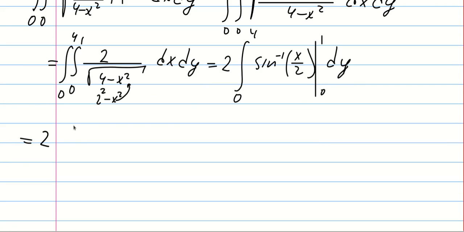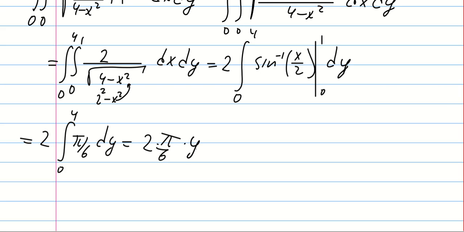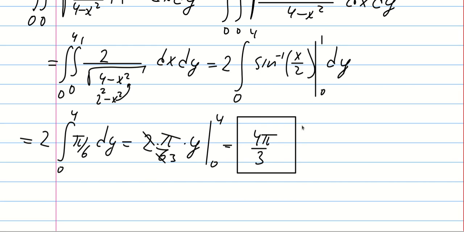So it's 2 times the integral from 0 to 4 of pi over 6 dy, so 2 times pi over 6 times y, evaluated from 0 to 4. So 2 and 6 we can divide, and we get 4 pi over 3 minus 0. So 4 pi over 3 is the area of that surface.